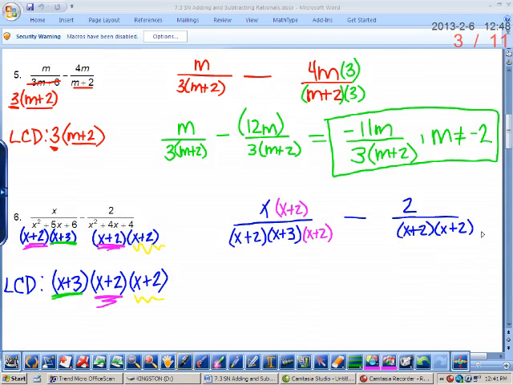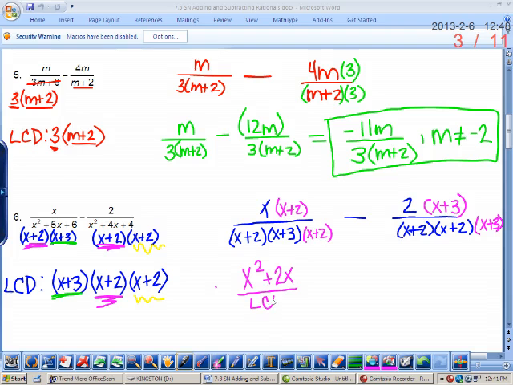What are you going to have to multiply this x plus 2 times x plus 2 by? X plus 3. All right. You are going to want to distribute your numerators. Okay? So this is x squared plus 2x.